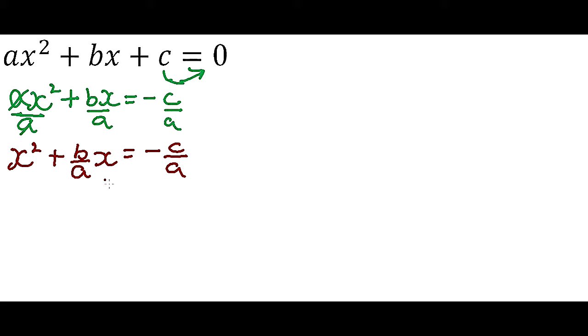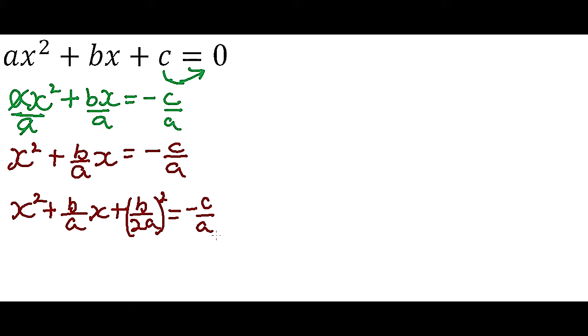From there, to make this a perfect square, we find what we can add here. So we add the coefficient of x divided by 2. So our expression will be x squared plus b over a x plus b over 2a, that is, we have divided b over a by 2, and then we square, equals minus c over a, and we add the same, that is b over 2a in brackets squared.